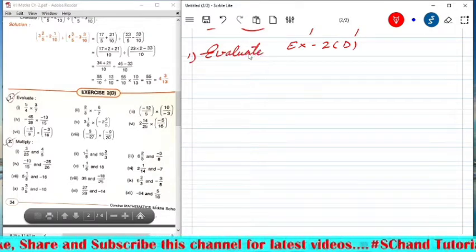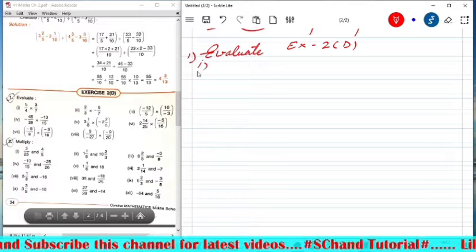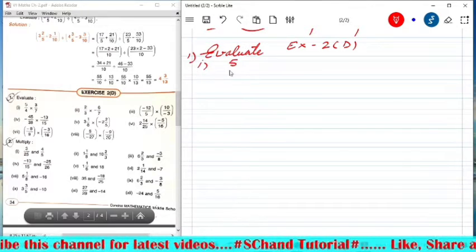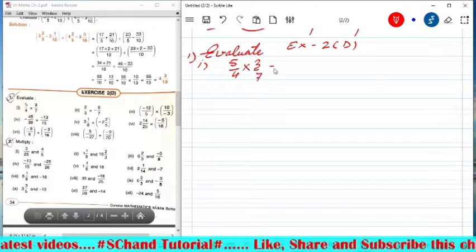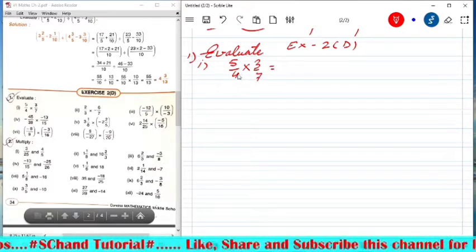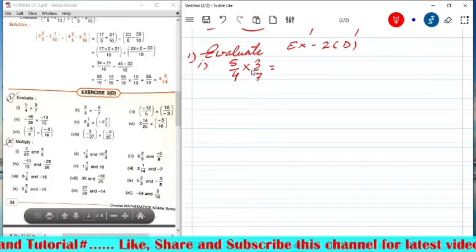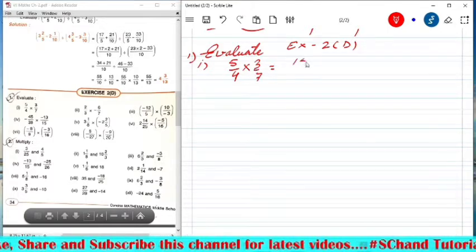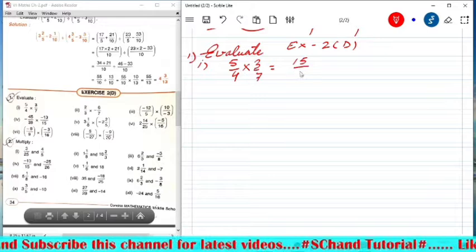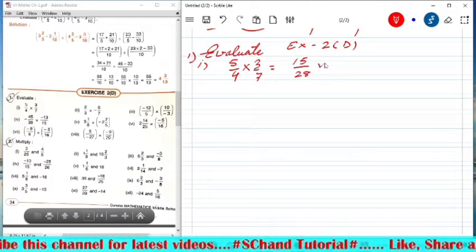We have done the evaluation of integers also. Very first, 5 over 4 into 3 over 7. There is no common multiple, so we can simply multiply: 5 threes are 15 and 7 fours are 28. So this is the answer.